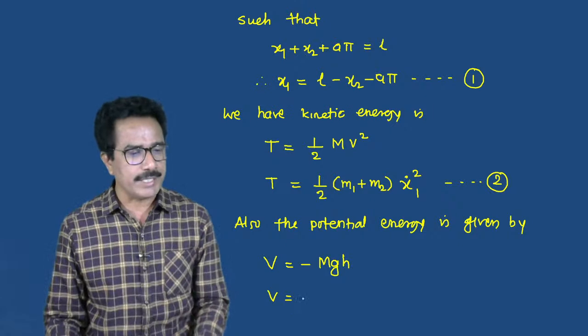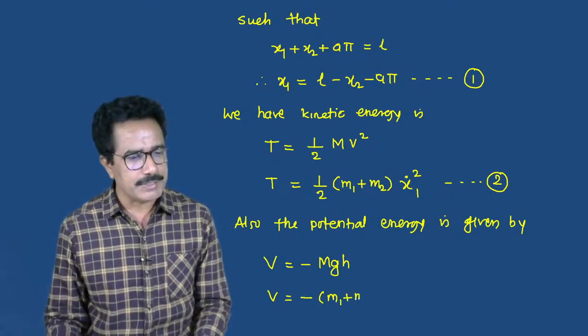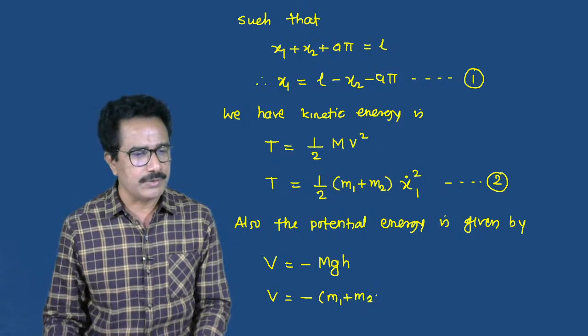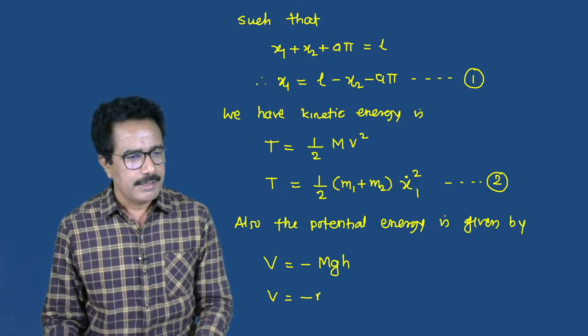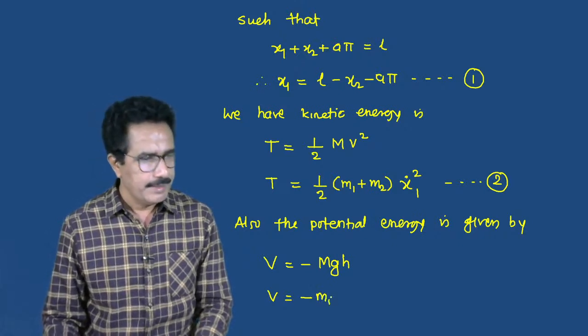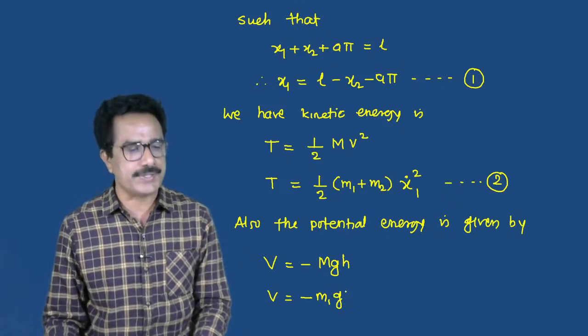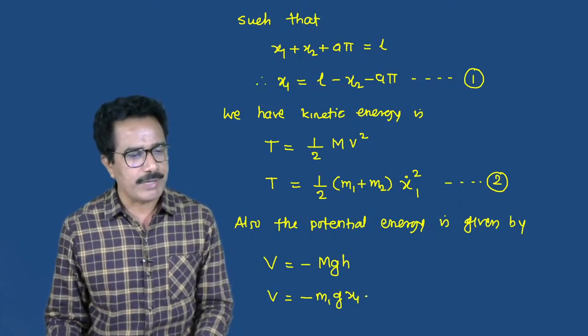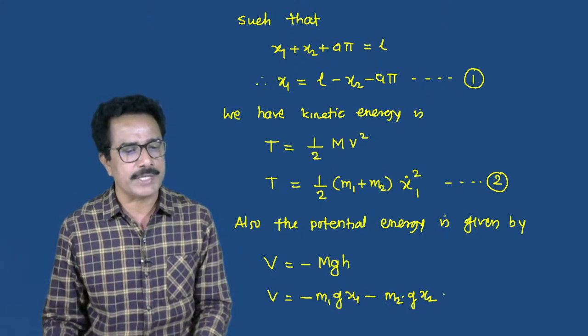Actually, we can write this as minus m1 mass into g into h, where h is x1, minus m2 into g into x2.